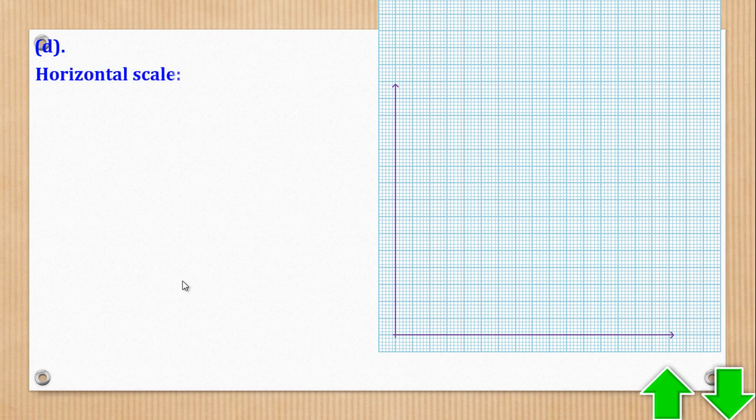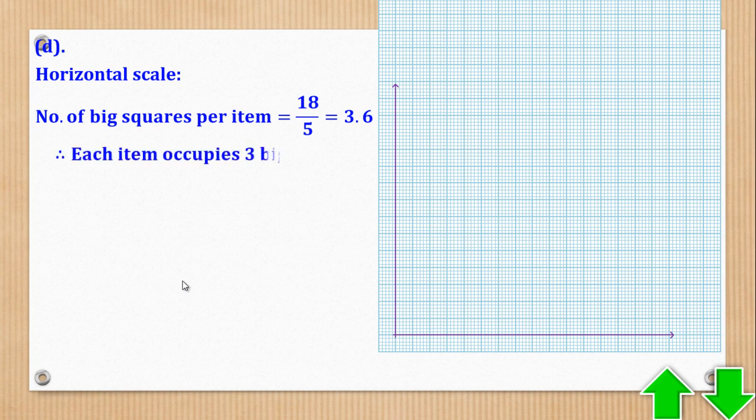Then we get the scale. For the horizontal, we look at the number of spaces occupied by each item. Here we have 5 items, so 18 divided by 5 gives 3.6, meaning that each item will occupy 3 big squares.